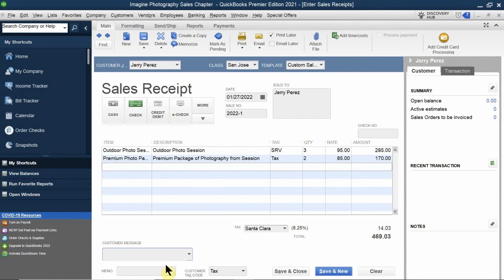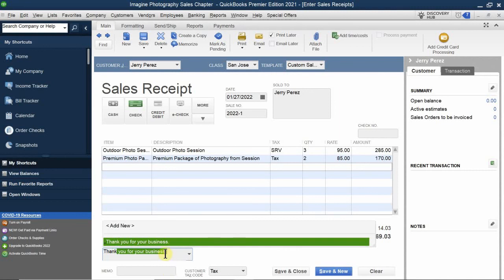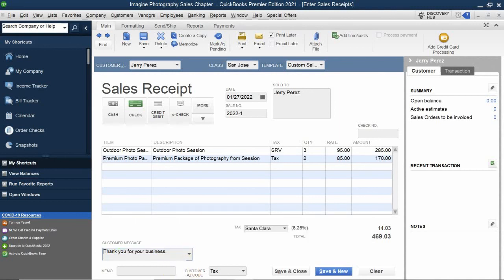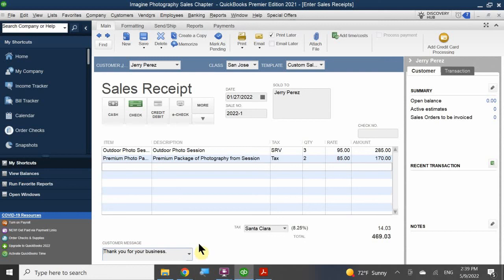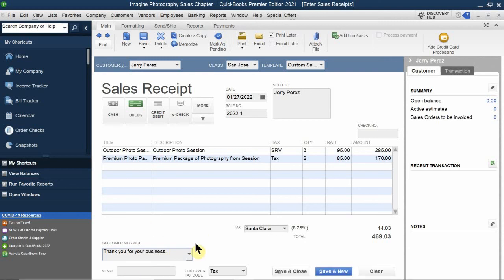And then the memo down here, for any reason that you have information, what this memo does is maybe this is a message you want to say to your customer, right? Thank you for your business is one of those things that I can have as a message to my customers, right? Maybe I can say keep smiling or just smile, something that's unique to your company, right? So whatever it is that you want to do, be polite.